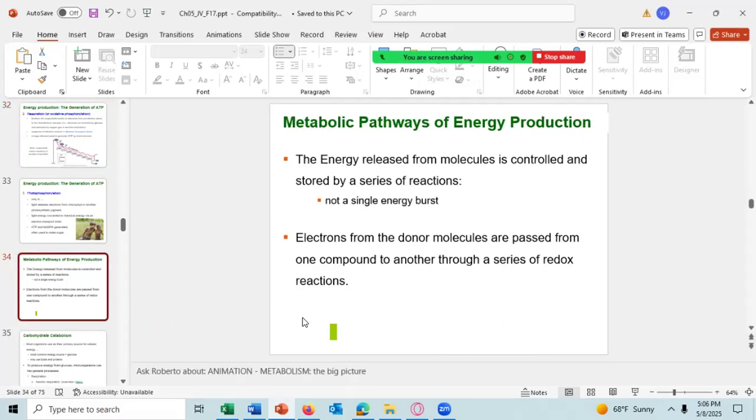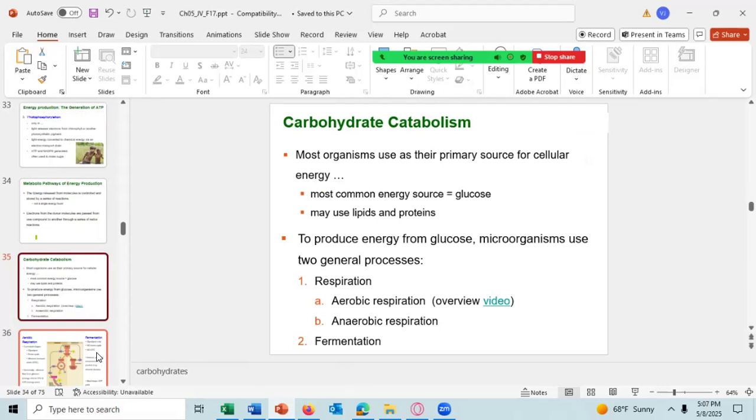So the electrons from the donor molecule, in this case glucose, are passed from one compound to another. Through a series of redox reactions, the energy is not released all at once. Carbohydrate catabolism is a frequent way that organisms use glucose for their energy needs.